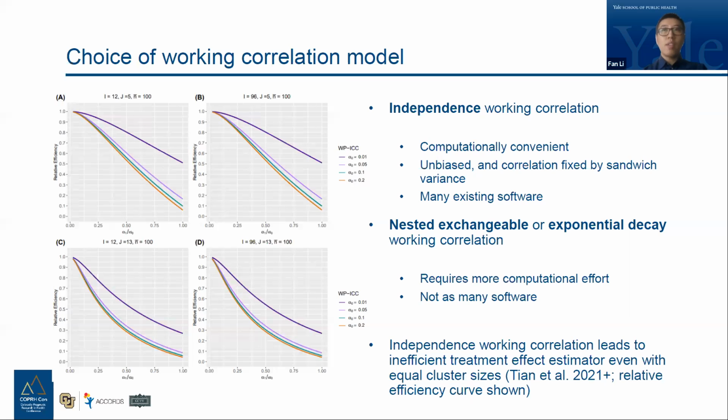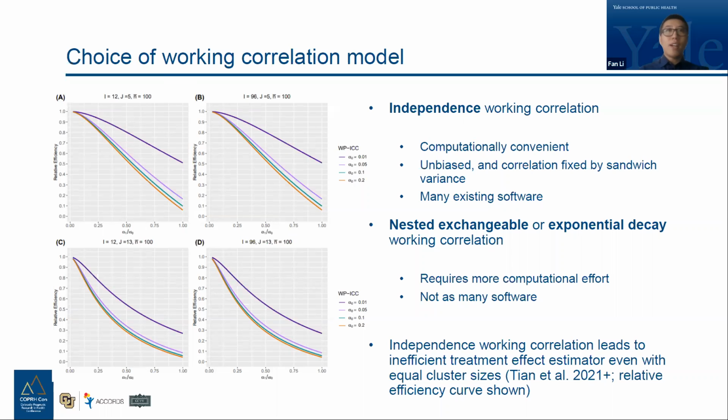On the other end of the spectrum, these nested exchangeable or exponential decay working correlation models may require more computational effort in getting specifically those ICC estimates in the data, and there may not be as many software packages to do so. So one may shy away from that. However, our finding in terms of the comparison of these models suggests that the independence working correlation model can lead to a very inefficient treatment effect estimator, even with equal cluster sizes in the context of SW-CRT, as shown by the relative efficiency curve on the left-hand side.